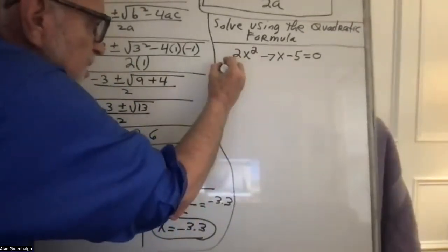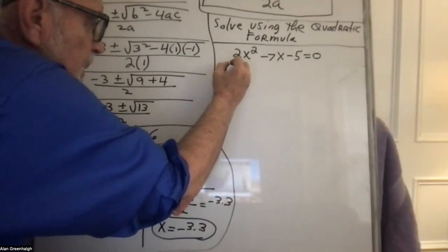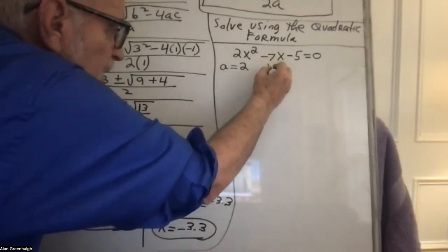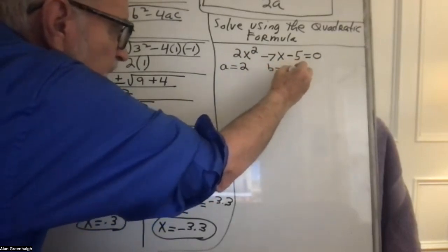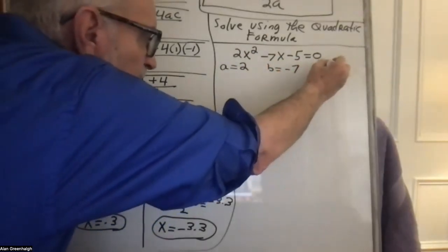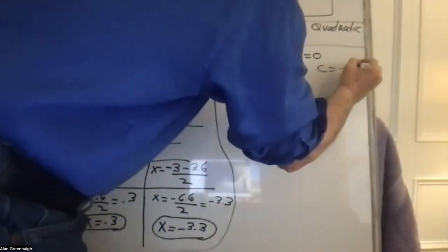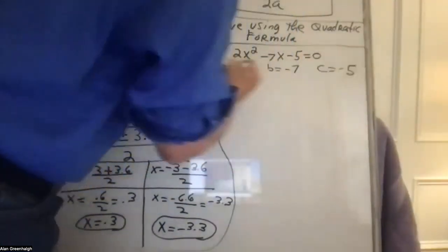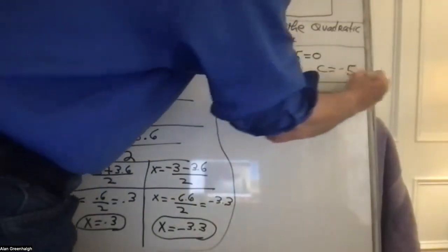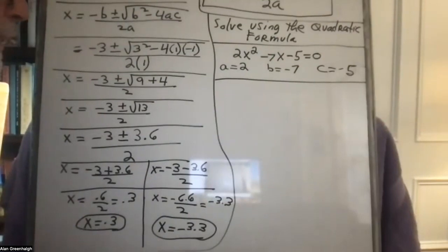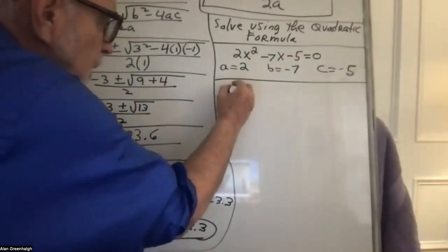This is just my method, is to first state the value of a, the value of b, the value of c. And I'm just looking to make sure I have the right signs, which I do.